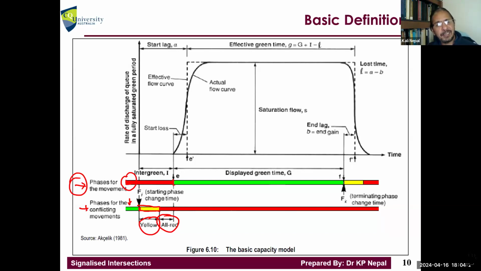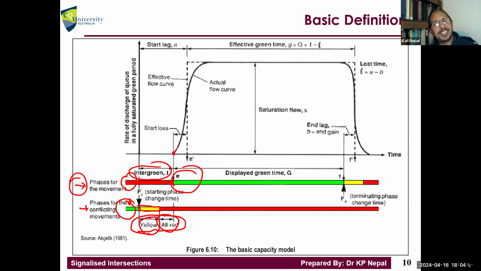The combination of yellow time and red time, we call intergreen time. What that means is the green of one phase to the green of another phase. The time gap between the end of the green for one phase and the start of the green for another phase, we call intergreen time.